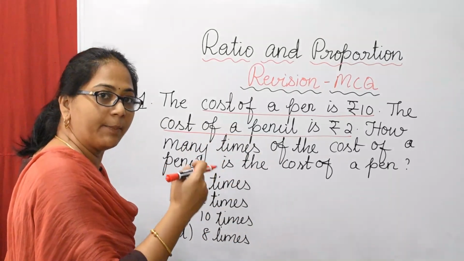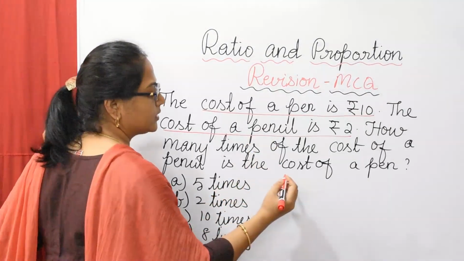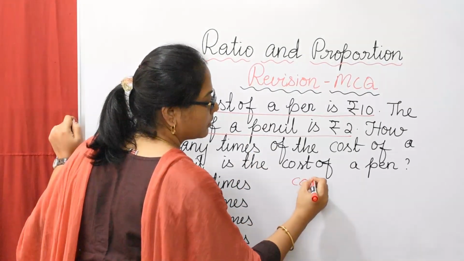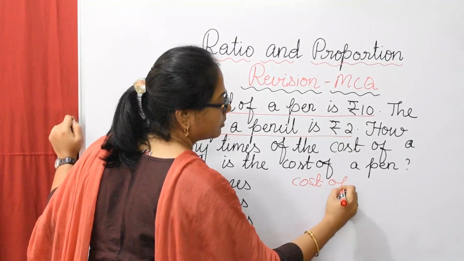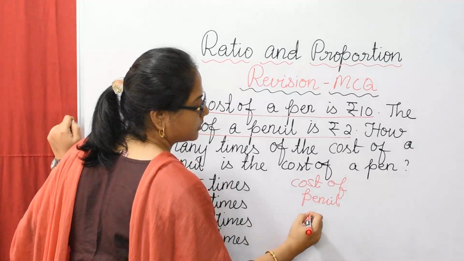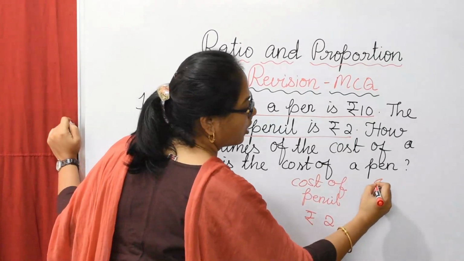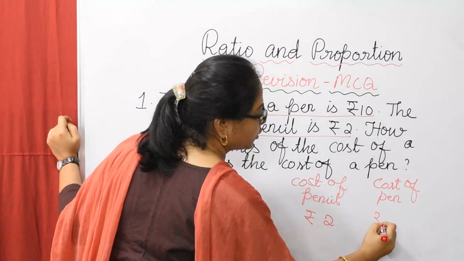So what is cost of a pencil here? Cost of pencil, rupees 2, and cost of pen is rupees 10.